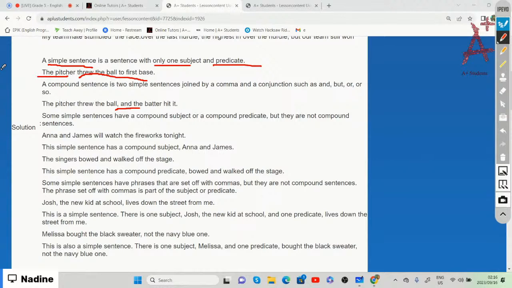And it is basically joining those two sentences. So it's joining the two independent sentences or the two simple sentences within the compound sentence.